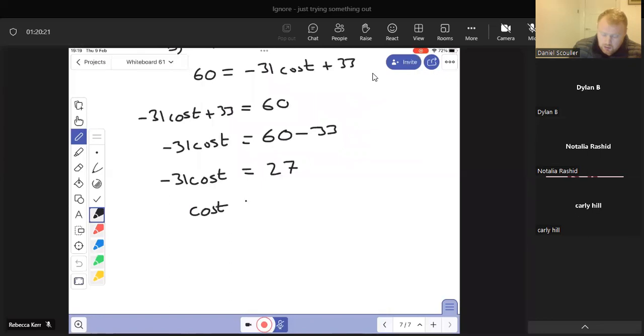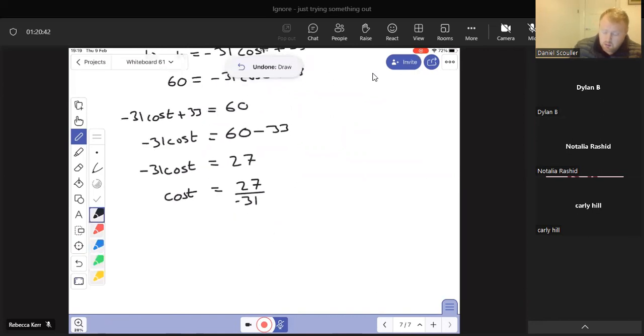Then cos t, taking that negative 31 over, is going to be 27 divided by negative 31. So treating it the same, even because there's a t in there instead of an x, don't worry about that. All we're worried about is that negative sign.